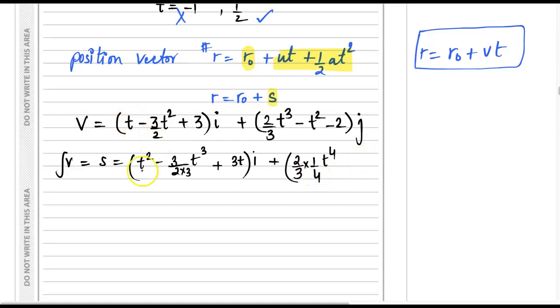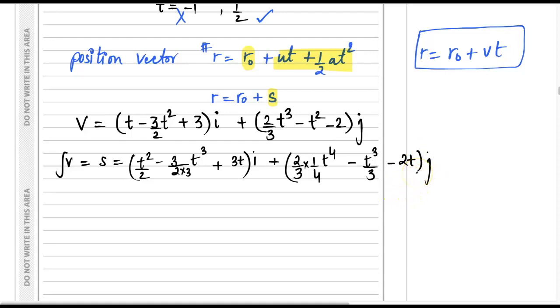Did I make a mistake? It would be t squared over 2. t squared over 2 minus 2/3 of t cubed over 3 plus 3t, that is okay, and minus t cubed over 3 minus 2t j, right?